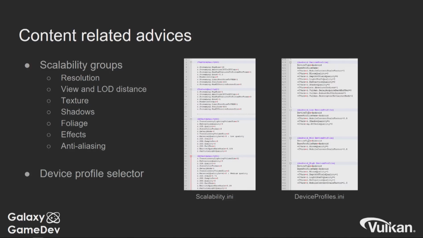Another way to set up quality is to use device profiles. With device profile selector, you can specify quality settings per your device model, or even per GPU model, or even for your baseband version. So you can specify the precise quality you need for each device.